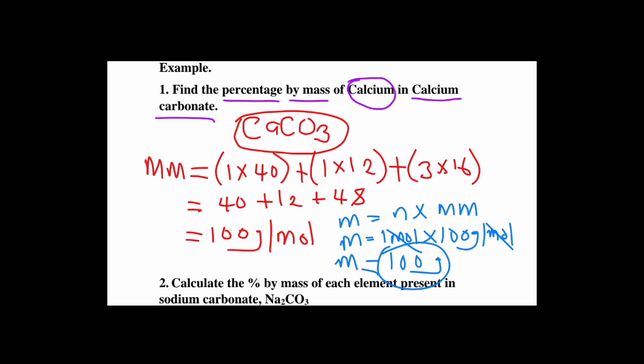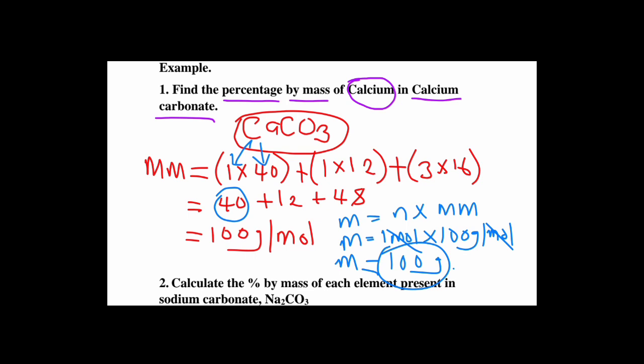Now, the question is saying, calculate or find the percentage by mass of calcium in calcium carbonate. We have calculated the mass of calcium carbonate to be 100 grams, meaning the mass of calcium will be 40, because we just have one atom of calcium times the atomic mass, which is 40.